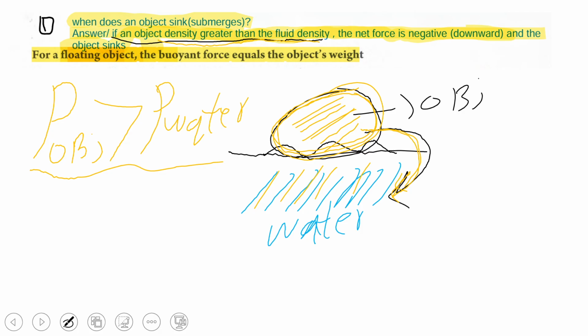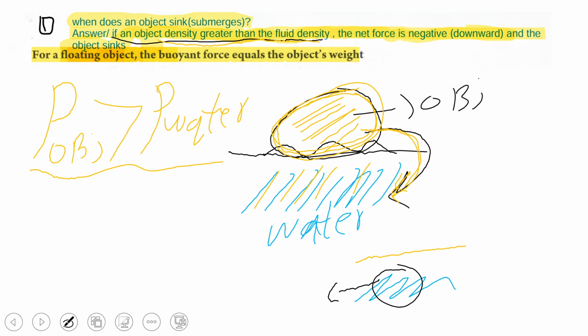So in this situation now, this object comes under the water. Why? Because the object's density is greater than the density of the water.